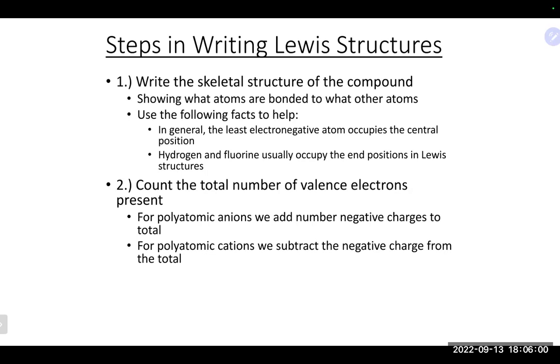That number that you get here is the most important, because when you are done with your picture, you have to have exactly that number of electrons. You can't have any more or any less. You should also think of these electrons as not belonging to any particular element. That is sometimes where people screw up.